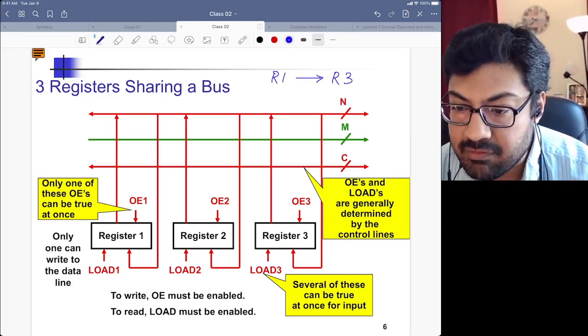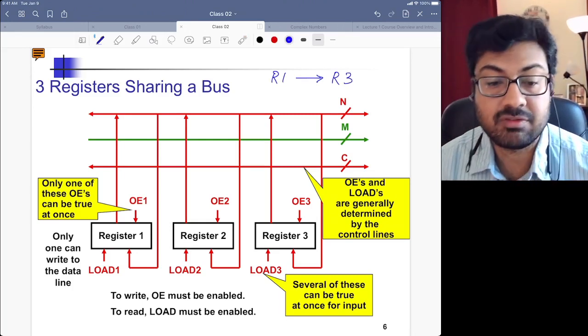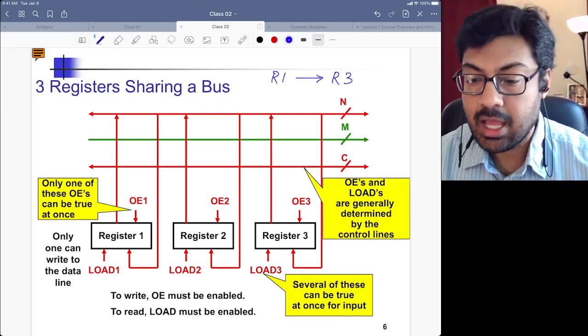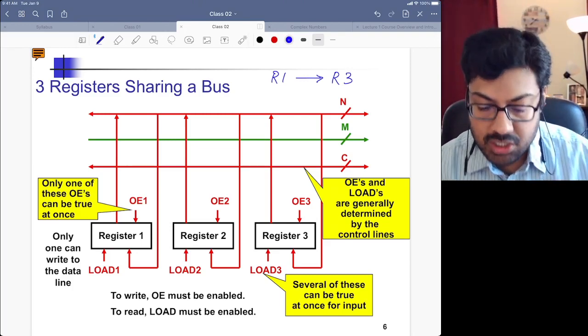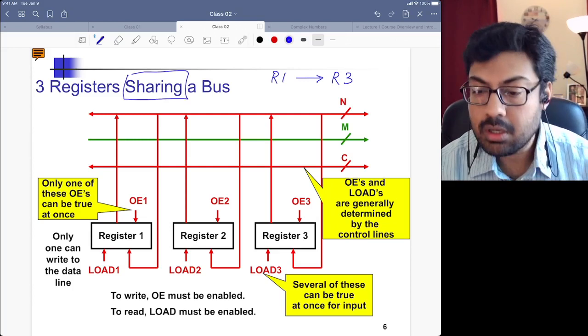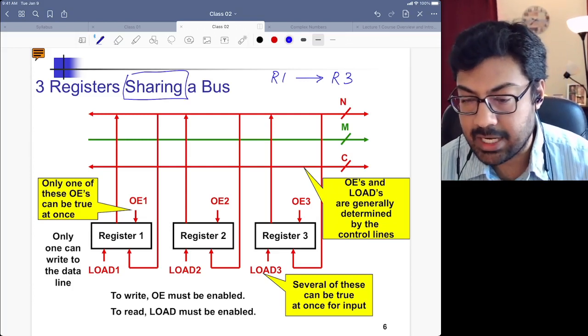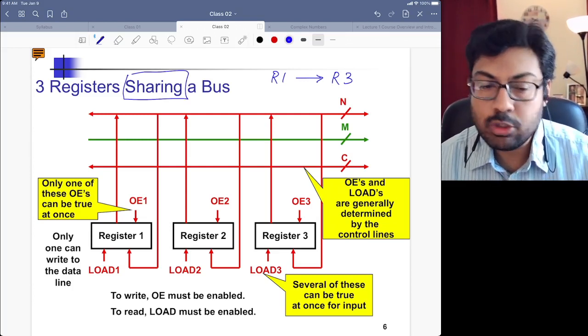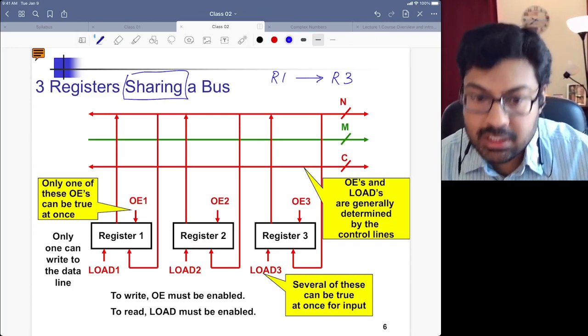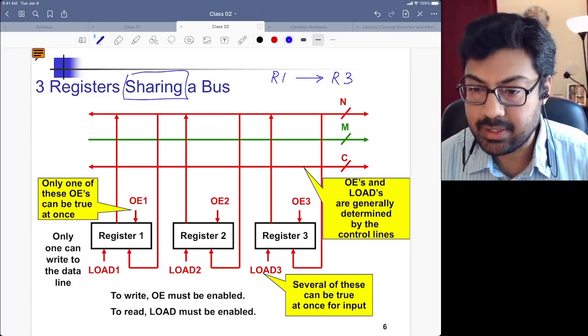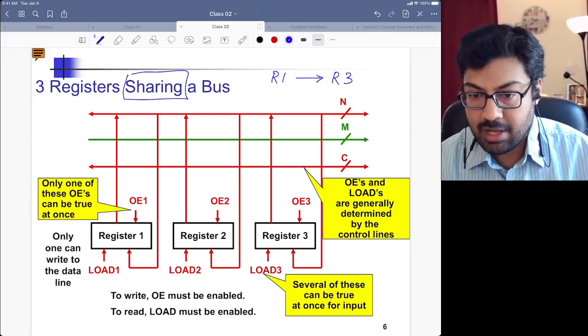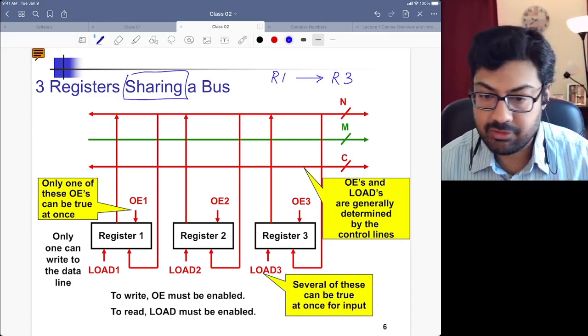Do these registers have tri-state buffers built in usually? Yes, we need them, because they are sharing. Every time you hear the word sharing, you know that there are tri-state buffers involved, because we need to allow only one thing to write to the bus, so that we are able to disconnect all the other things.